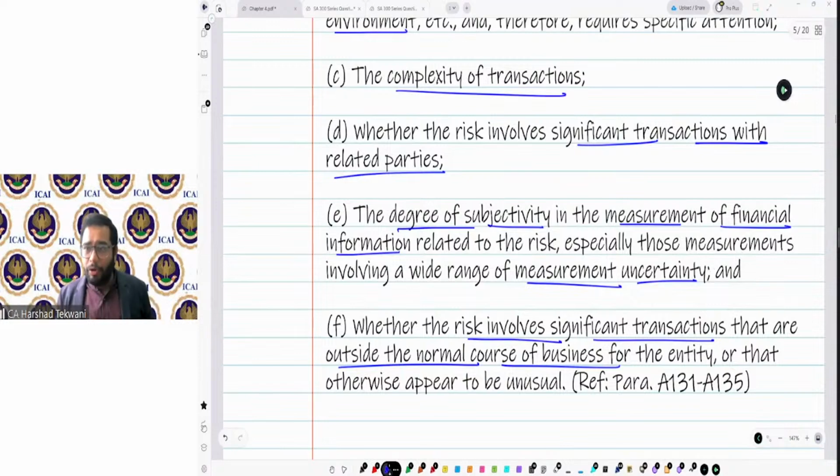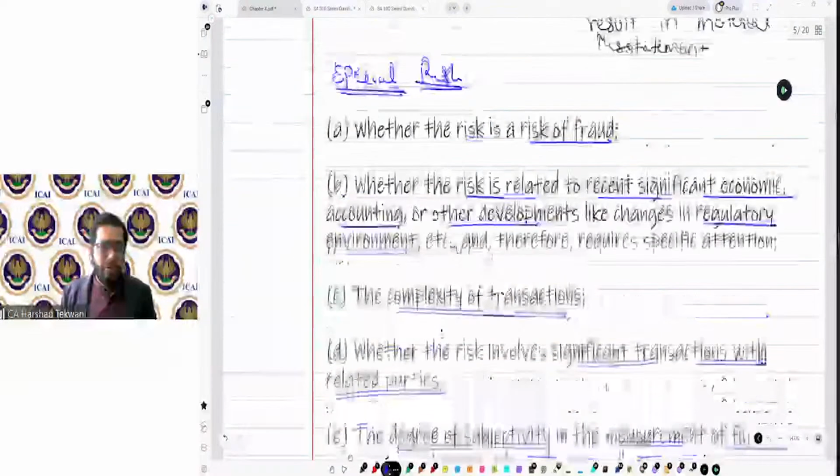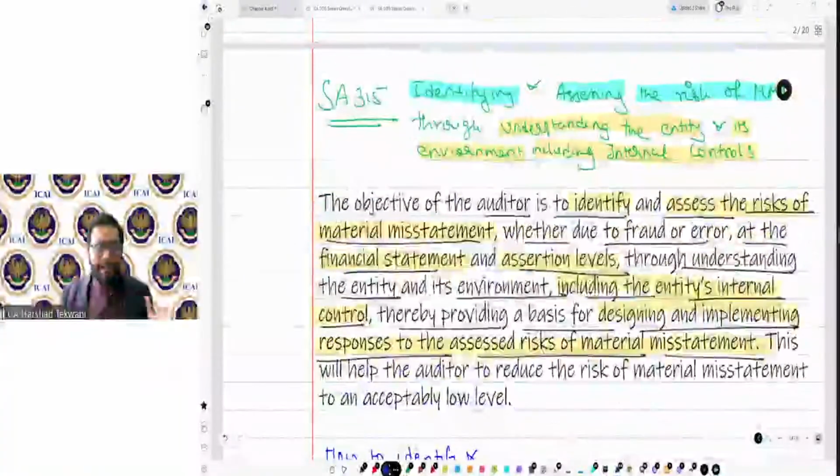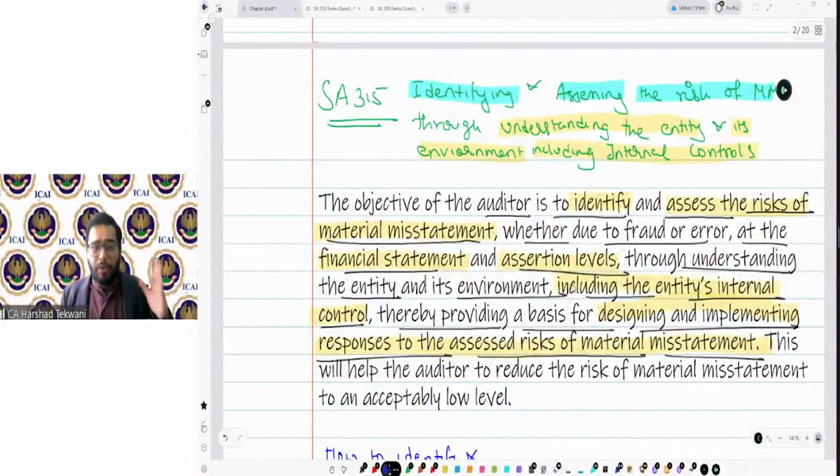Clear? Any doubt till now? Any doubt with respect to understanding, identifying and assessing the risk of material misstatement through understanding the entity and its environment, including internal controls? Clear?